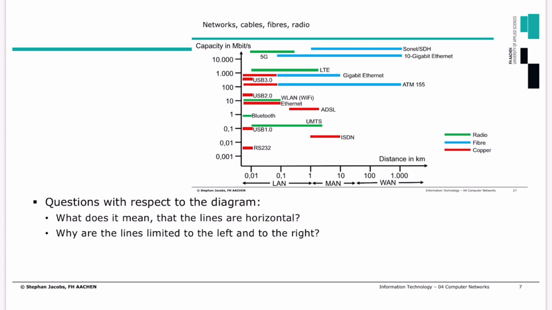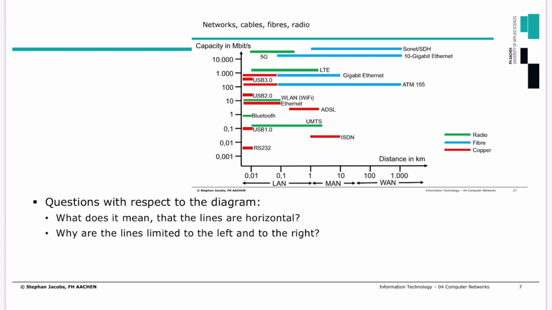What does it mean? Basically, it means the bandwidth doesn't depend on the size of a network. So you could, for example, have this ATM 155 network, which has a capacity of more than 100 megabit per second. And it doesn't matter if it is just 100 meters in size or if it is 1,000 kilometers in size. The bandwidth is always the same, which might be a little bit surprising.